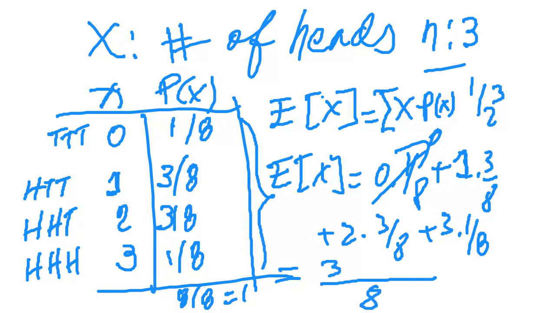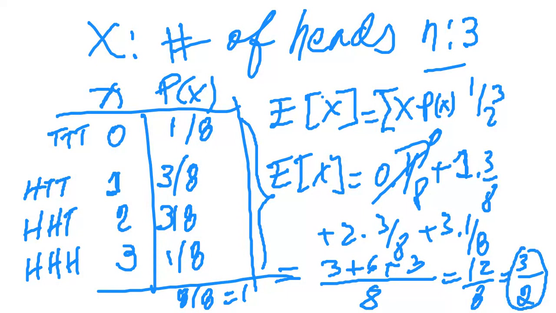Everything is over 8, actually. 6 and 3 is 12 over 8, which is 3 over 2. So that is the expected value for that table. Remember, that table is a discrete probability distribution.